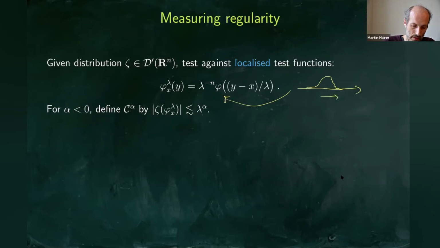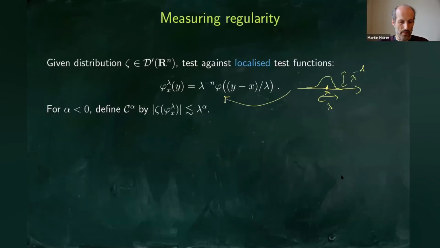So you translate it, center it around some point x, and then you rescale it so that horizontally the support has size about lambda, where you think of lambda as being small, and the height is going to be lambda to the minus the dimension of your space, so that the integral doesn't change. So you rescale it like you would do an approximate delta function.